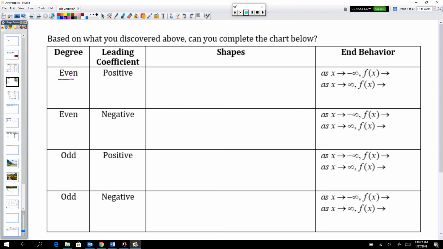An even degree, 2, 4, 6, 8, etc. An even degree and a positive leading coefficient causes shapes like this. So degree 2, degree 4, degree 6, 1, 2, 3, 4, 5 turns. That produces shapes like that.